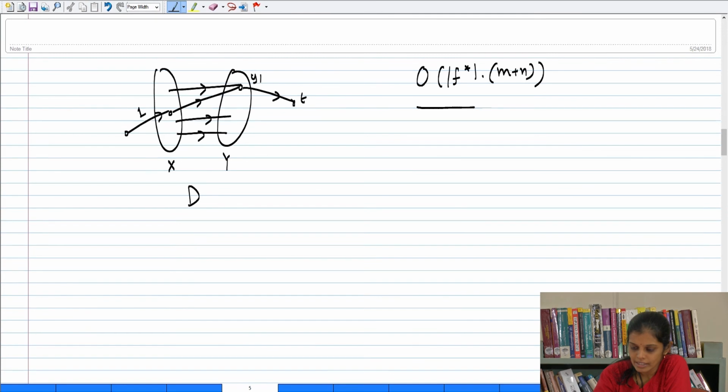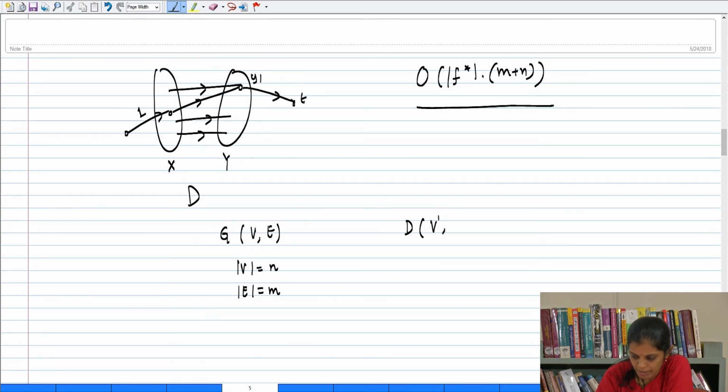So to make the distinction clear, we will say that G(V, E), which is a bipartite graph, has |V| equal to n, |E| equal to m, and we will call the flow network V prime, E prime.